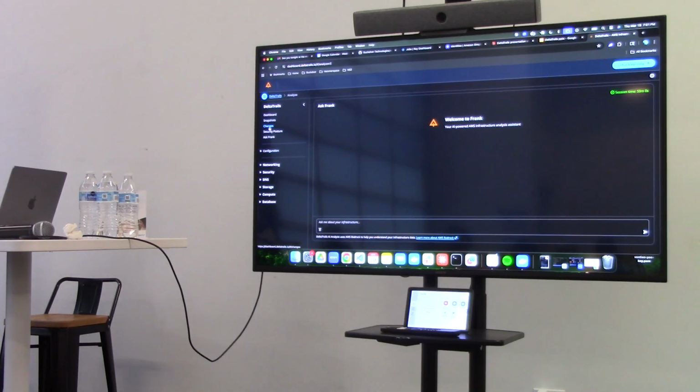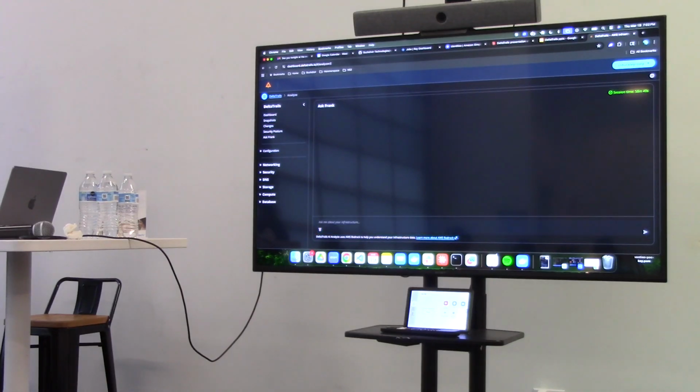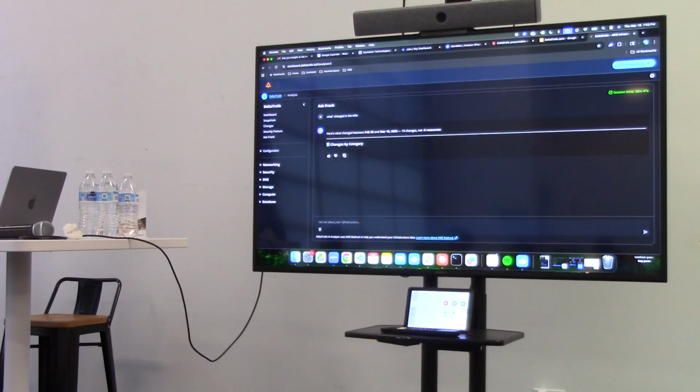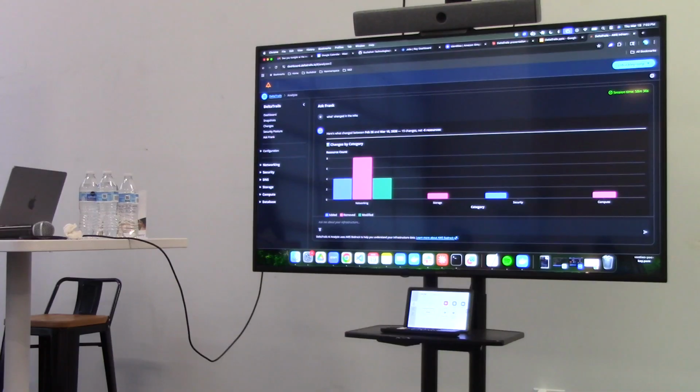So at this point, I just have an MCP server, and I can ask Frank things like, what's changed in the infra? And it'll think about it, it'll reason about what it is that I'm actually asking it. And it's actually building a graph, that's why you see this funny thing.